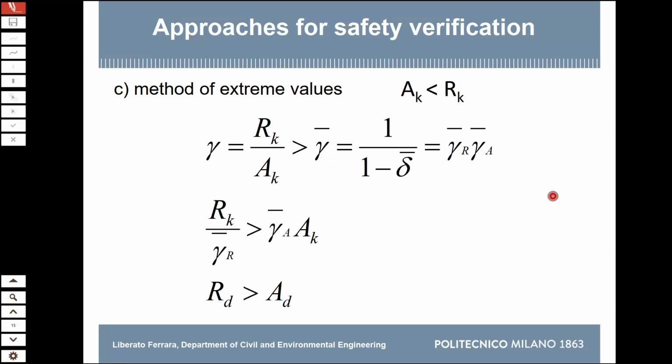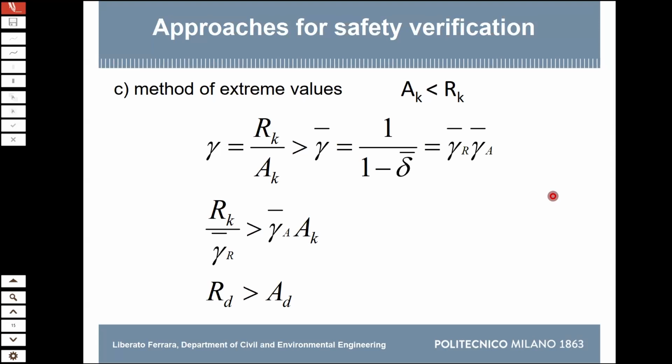And we divide the characteristic value of the resistance by its own partial safety factor. This method is also called the partial safety factor method, because you see, you have one factor for the resistance, one factor for the action. This we call the design value of the resistance. This we call the design value of the action.